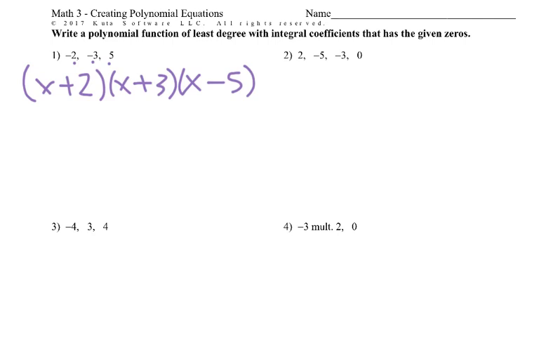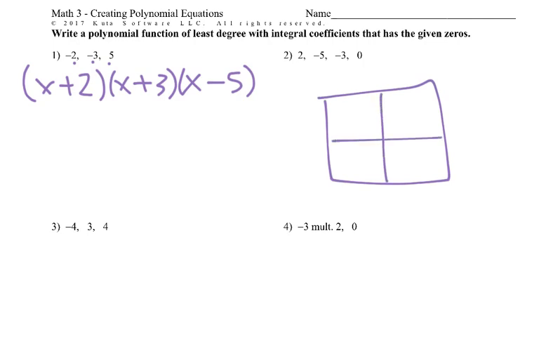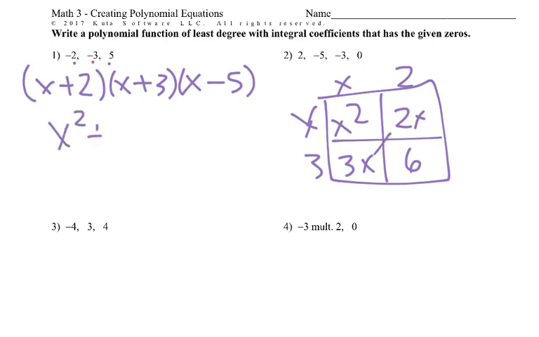So we can do the area model to do that, or we can do just FOIL or any other multiplication. If we're doing the area model, something like this, we get x squared plus 5x plus 6, and that's all multiplied by x minus 5.